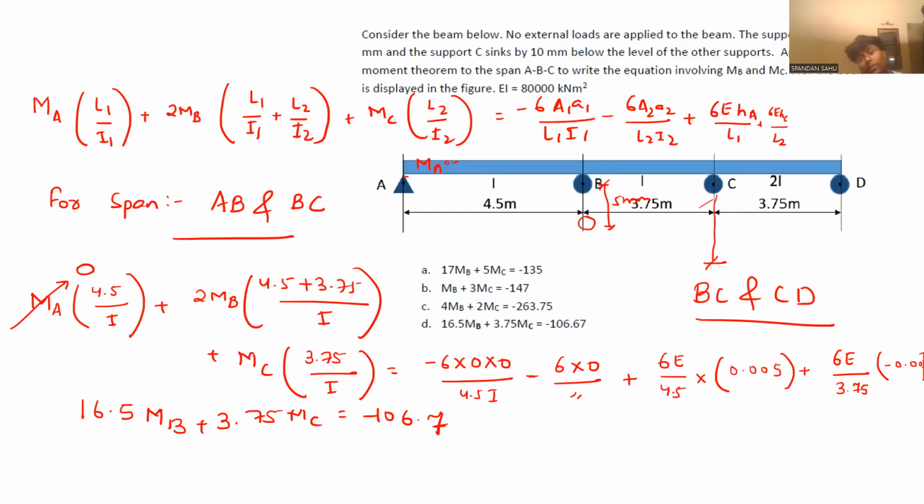What do you want to say for BC and CD? The relative settlement. I'm asking the relative settlement for BC and CD, we will write.